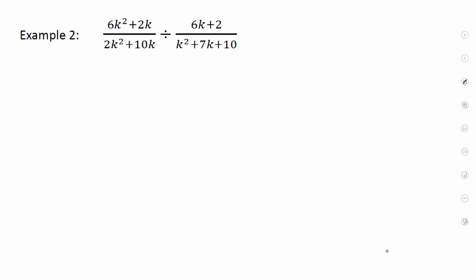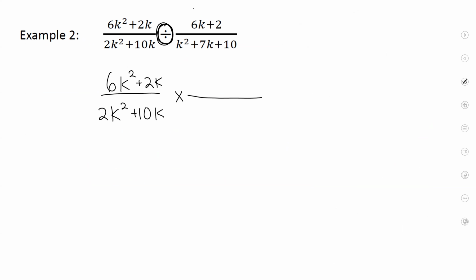All right, we're going to change this to multiplication. I'm just going to write this over again. Whenever you are dividing, first step is to change the sign. The second step is to flip this fraction.